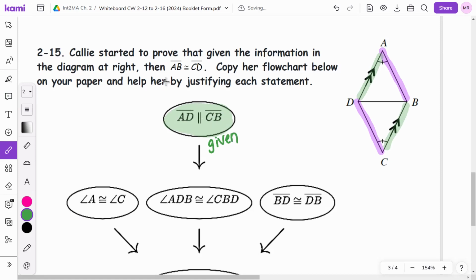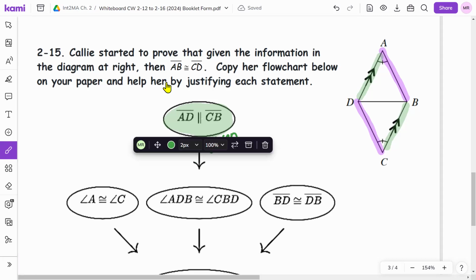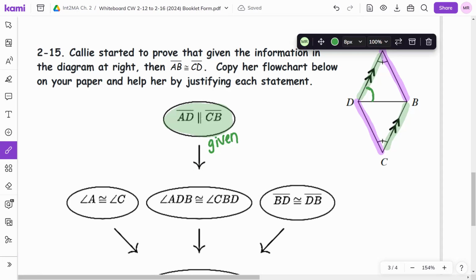Now, they have an arrow coming from that down to the statement that angle ADB is congruent to angle CBD. Angle ADB is right there, and that's congruent to CBD, which is right there.